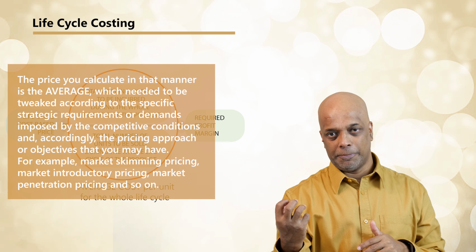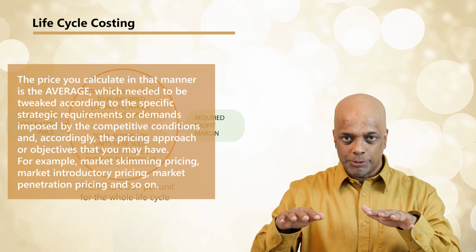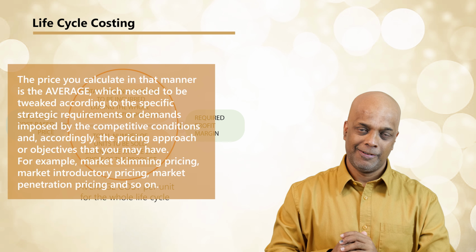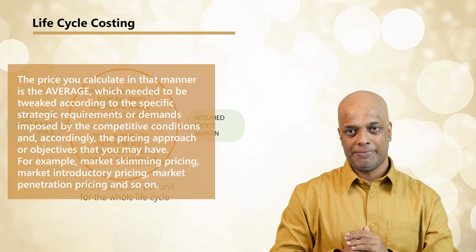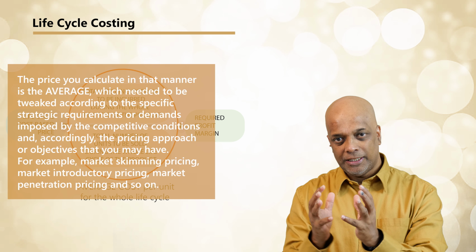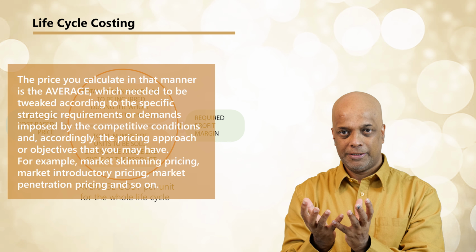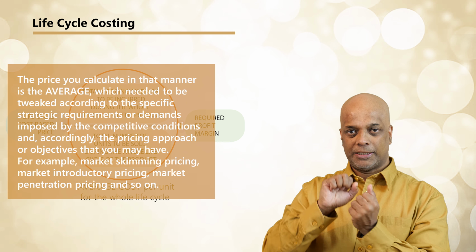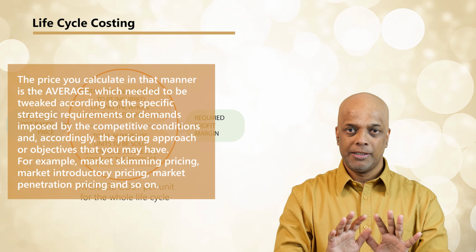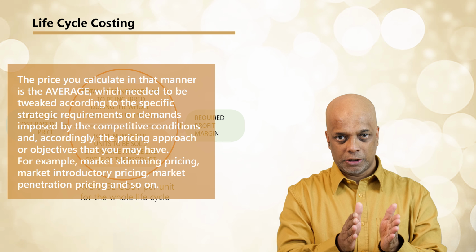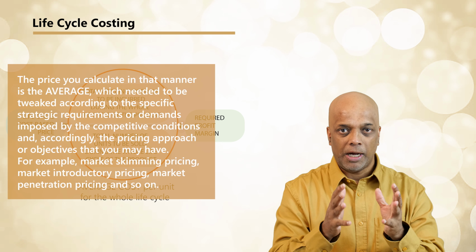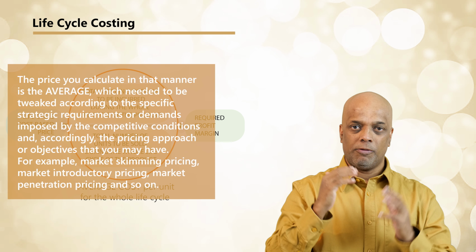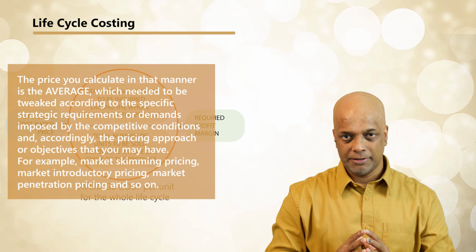Now, this average price or average cost would provide you a meaningful benchmark, and that is basically an average. Accordingly, you can tweak or modify this average price depending upon the specific strategic scenarios you are facing. For example, at the very introductory stage, the first phase of your production, first year or so, you might have a very high price to follow what we call market skimming pricing.